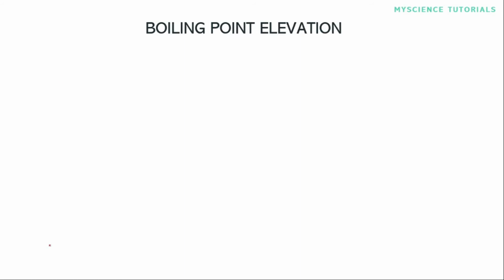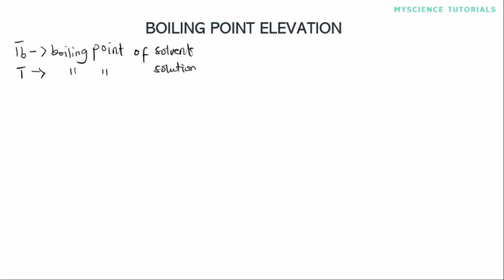If we are using TB as the boiling point of the solvent, and we are using T as the boiling point of the solution, then our boiling point elevation, which is delta T, should be equal to T minus TB.